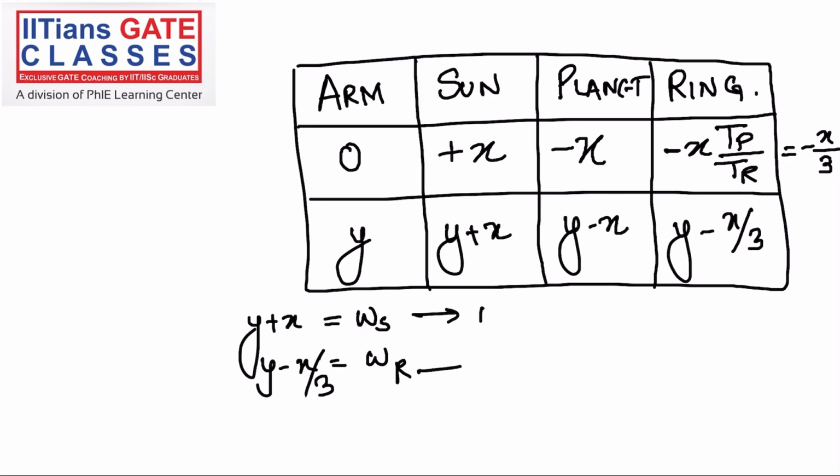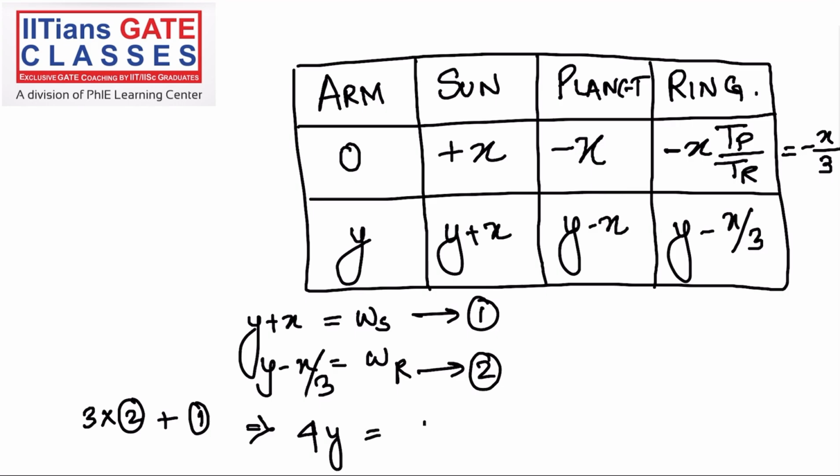Equation 1, equation 2. So we will simply do what? We will do 3 times equation 2 plus equation 1, which implies x will get cancelled out. 4 of y is equal to omega s plus 3 times omega r, right?